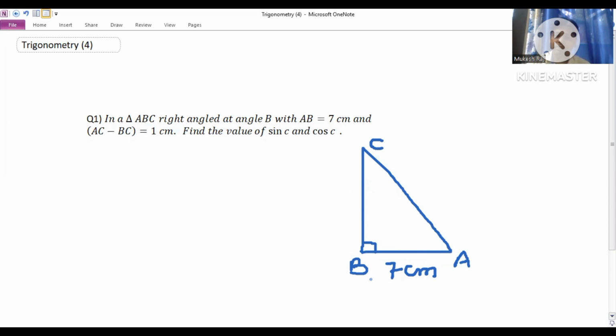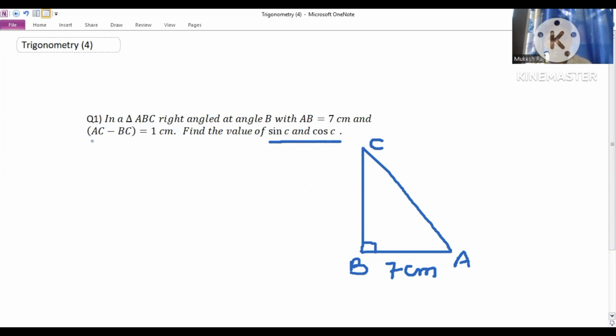If it would have been given to us, we would have very easily found out this cos C as well as the sin C. But still there is a way to find it out, and let's explore that way to find out the value of sin C and cos C. That means the cos and sine values of angle C.